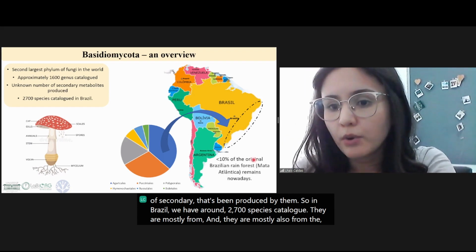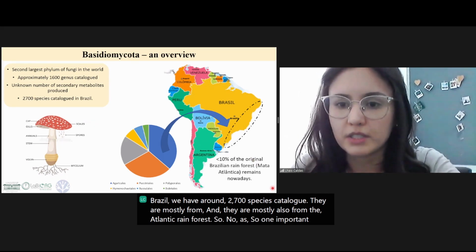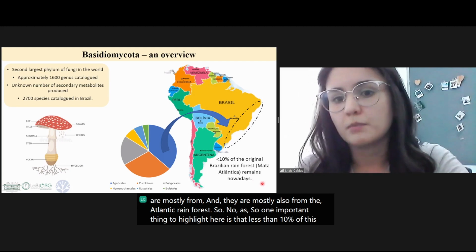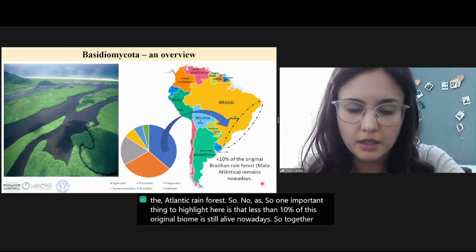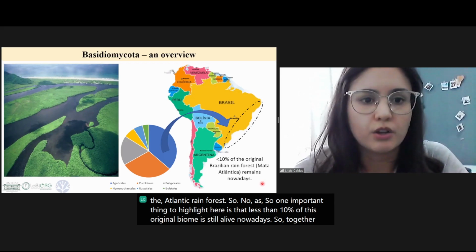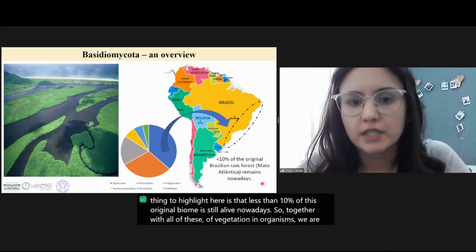One important thing to highlight here is that less than 10% of this original biome is still alive nowadays. So together with all of this vegetation and organisms, we are also losing a lot of chemodiversity and maybe drug prototypes.